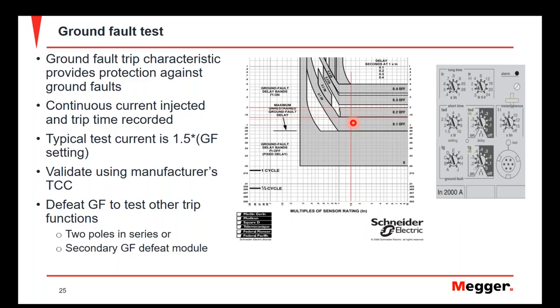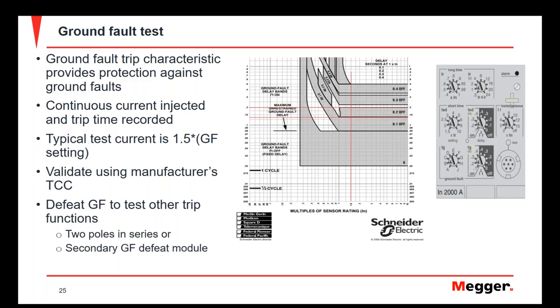Another thing that's important to mention whenever we talk about the ground fault test function is that whenever we test the other functions of a circuit breaker, you're going to have to defeat or turn off the ground fault function on the breaker you're testing. For any other function you try to test, the ground fault function is going to take it out. Typically we defeat this ground fault function in one of two ways.